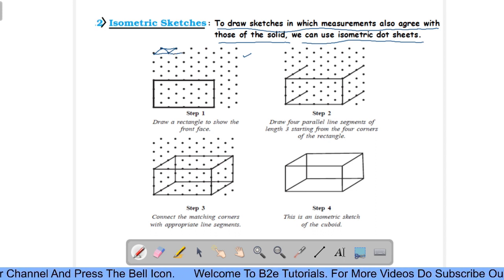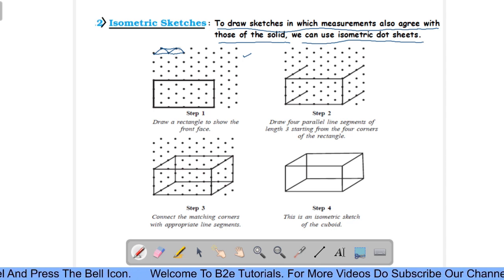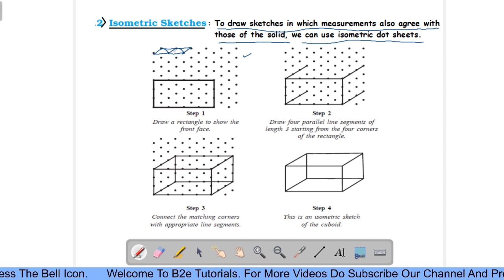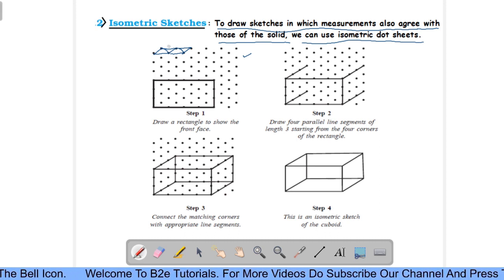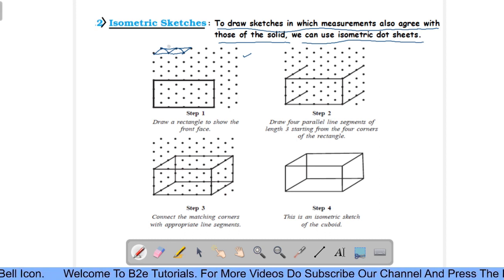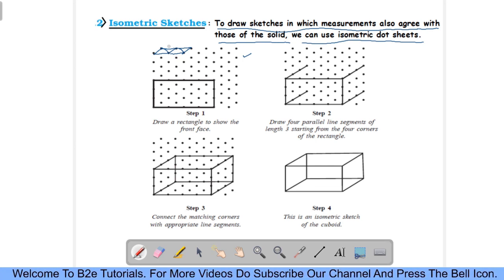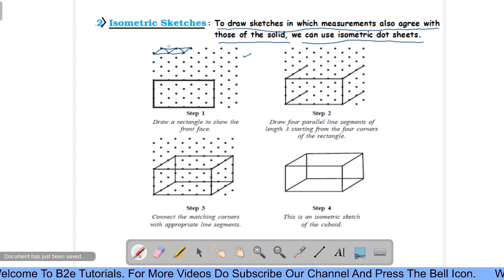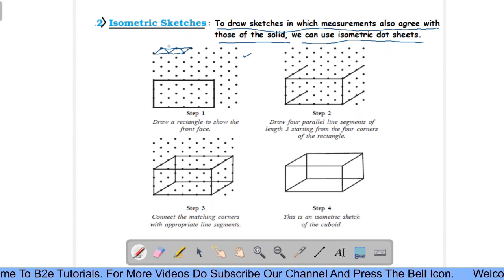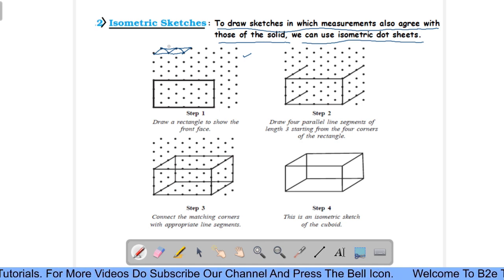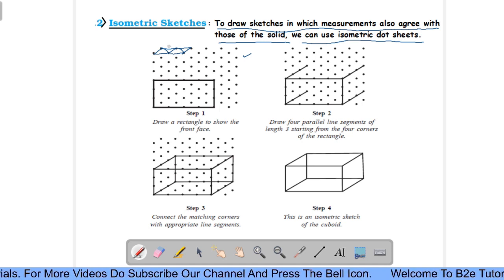Again, this dot and then this dot, an equilateral triangle. So such types of dots are called isometric dots, and you can get isometric dot sheets from the market. On isometric dot sheets, try to draw these figures.